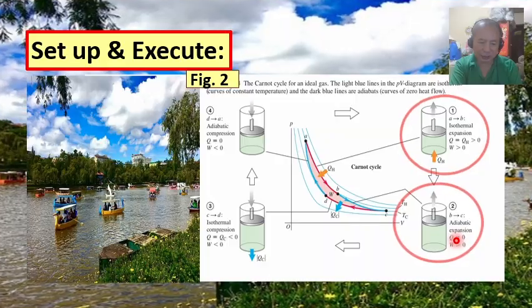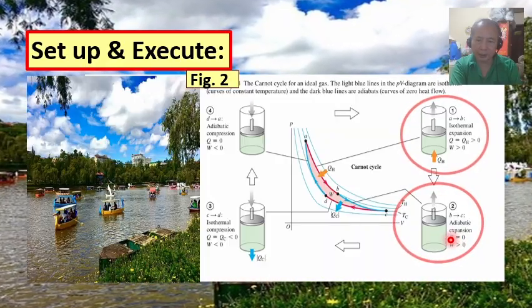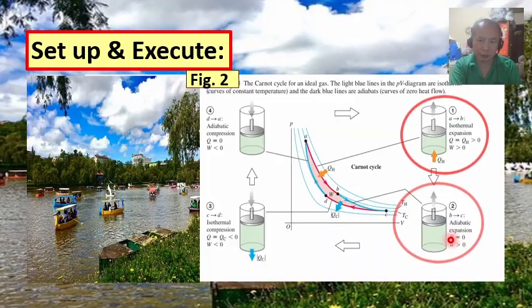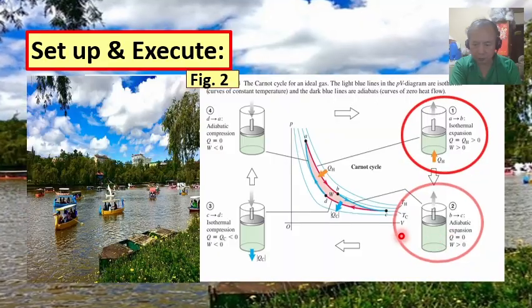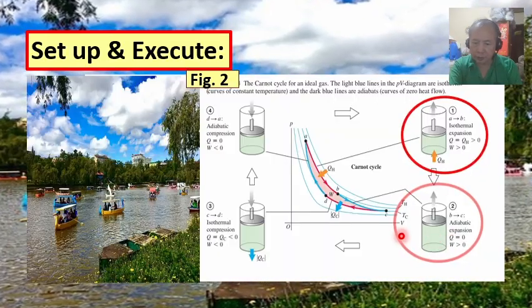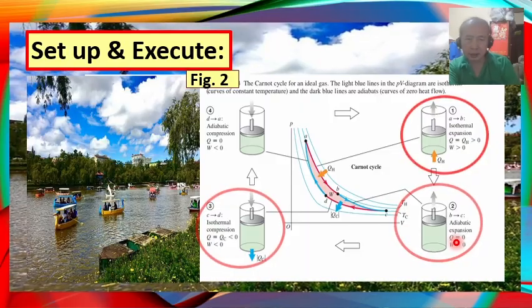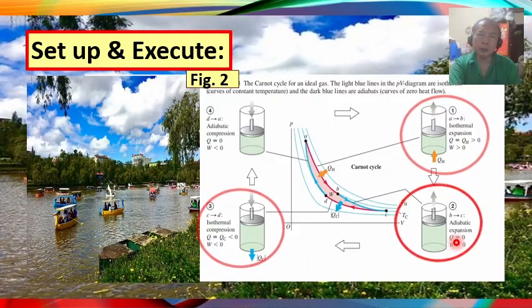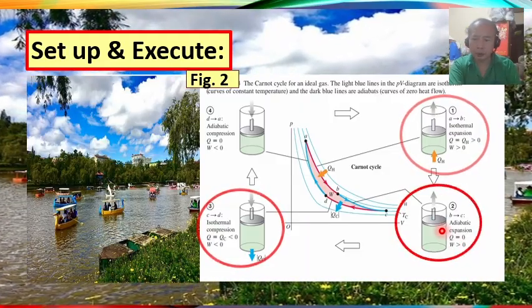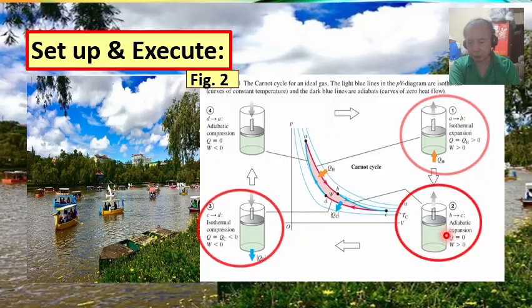So in an adiabatic expansion, we say that the amount of heat absorbed or given up is equal to 0.